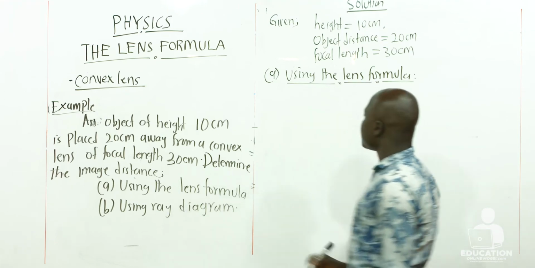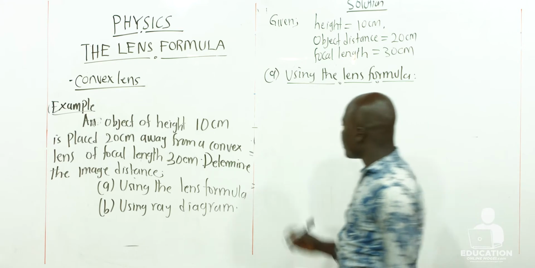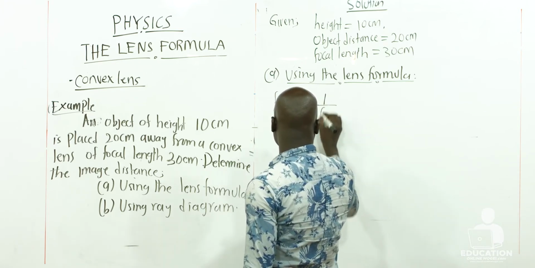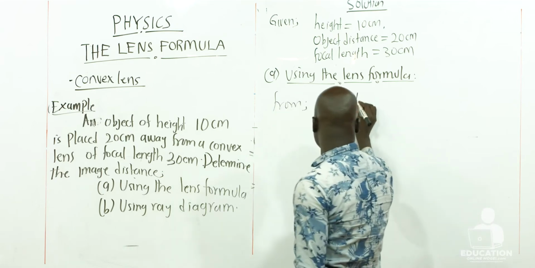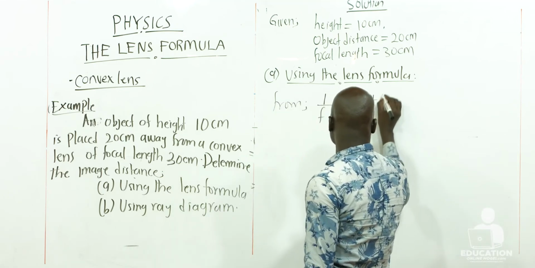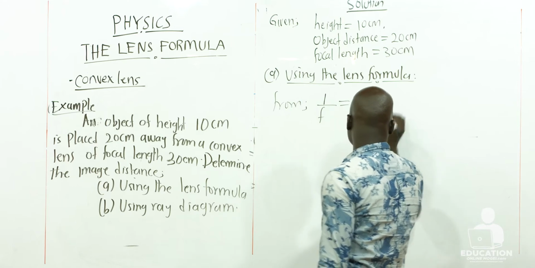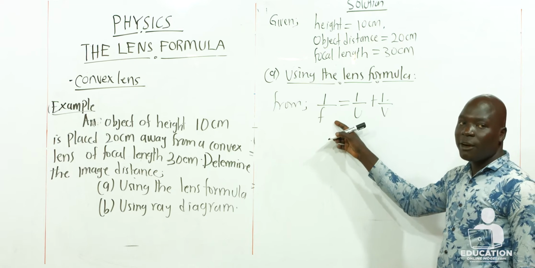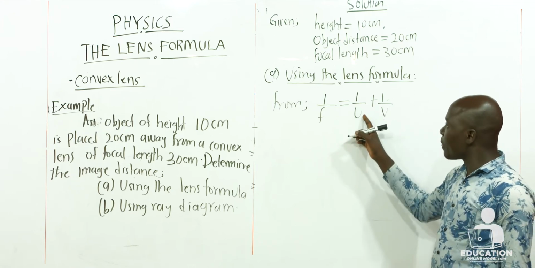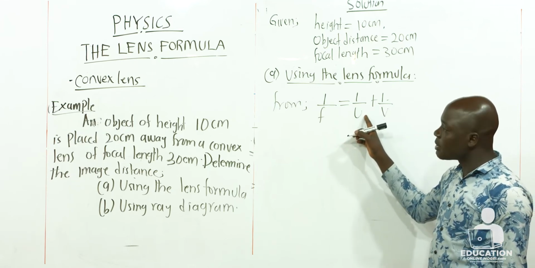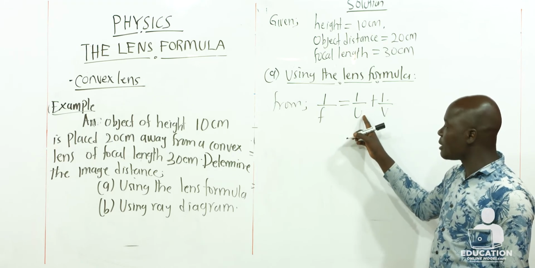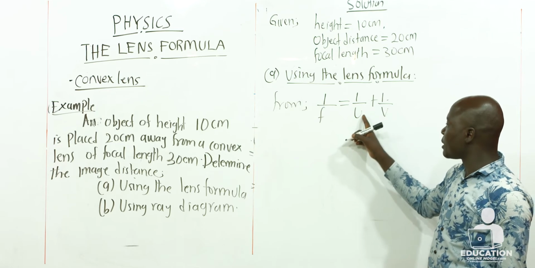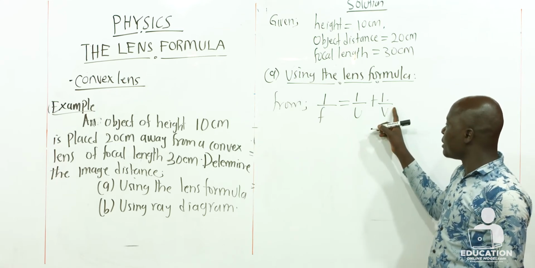The lens formula says 1 out of f is equal to 1 out of u plus 1 out of v, where f is the focal length of the lens, u is the object distance, that is the distance of the object from the optical center, then v is the image distance.